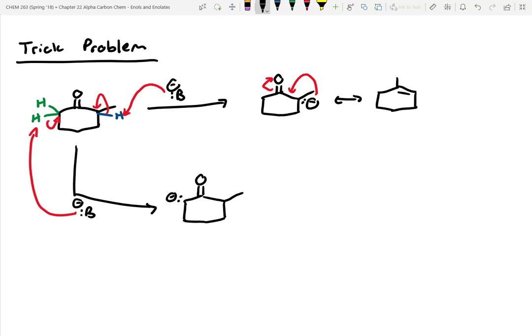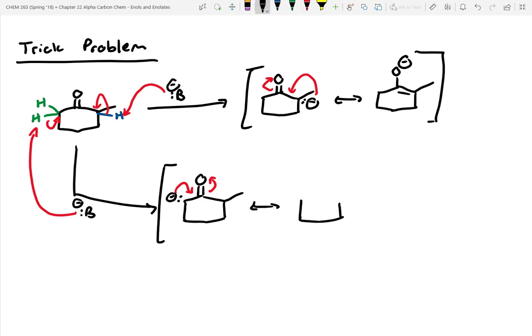Let's do this one too, just to compare. So we've got these two resonance structures. Now the question is, which one's more stable? And Dylan already said the top one's more stable because the carbanion is on the more substituted carbon.